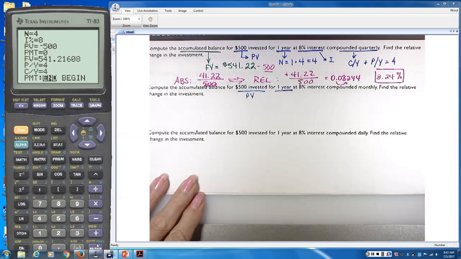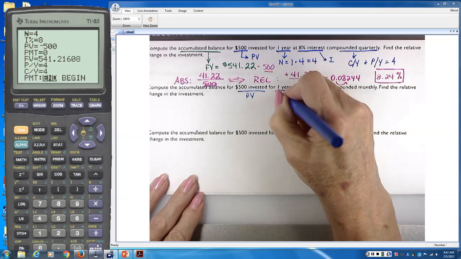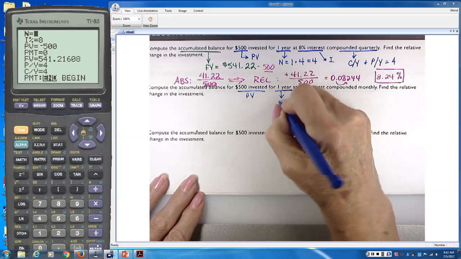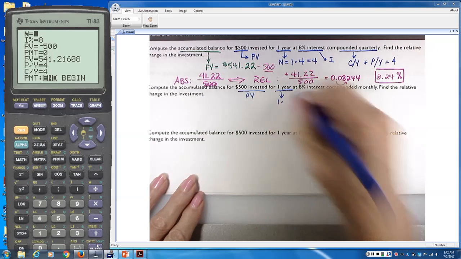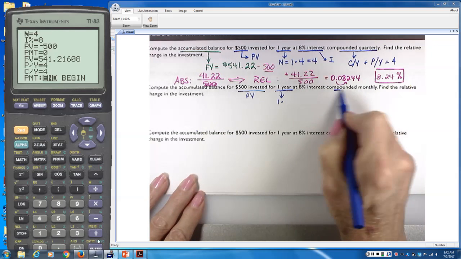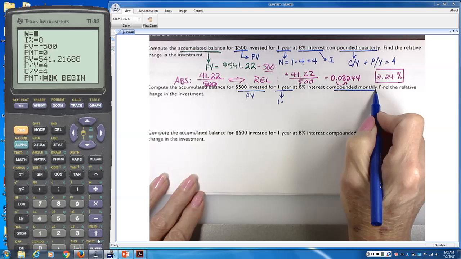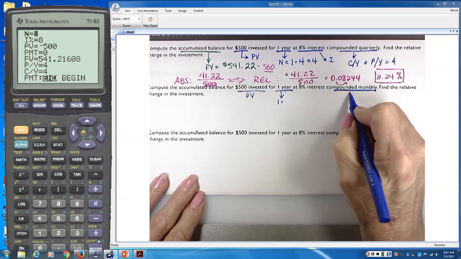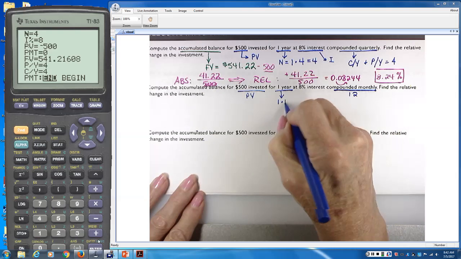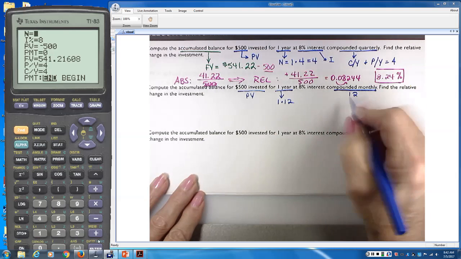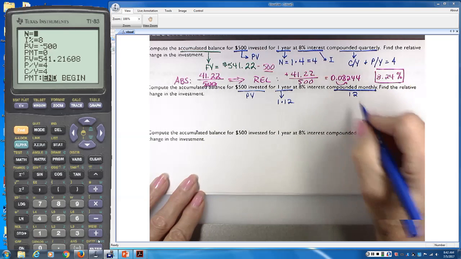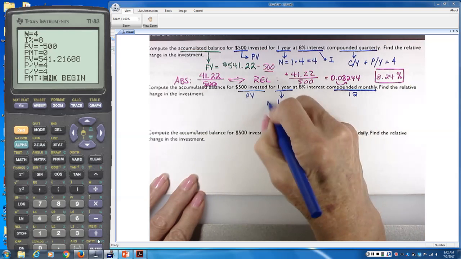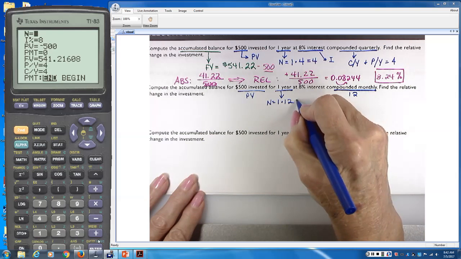1 year. Okay, that's still the same, but N is going to change because it's going to be 1 times compounded monthly. How many months in a year? 12. So you're going to have N is equal to 12. 1 times 12 is 12.